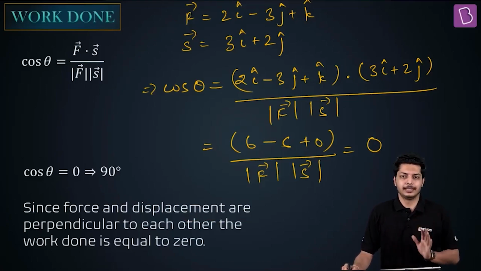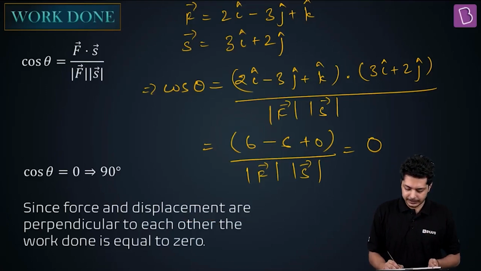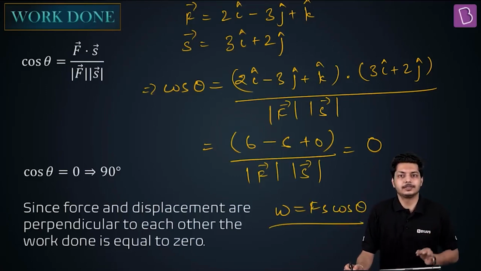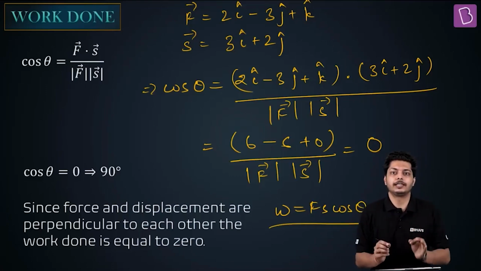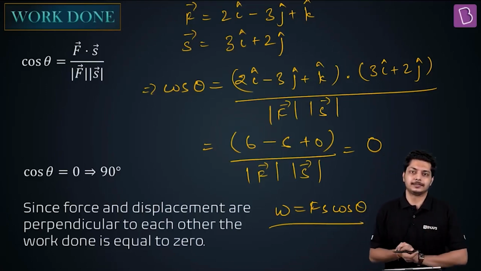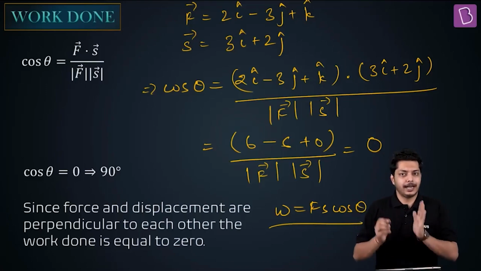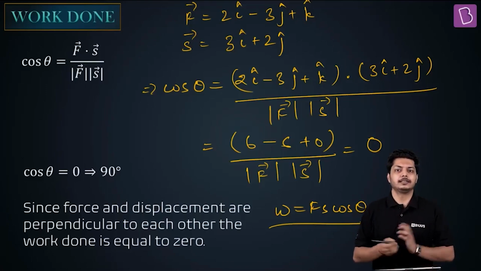Now imagine, if they are perpendicular to each other, then work done is equal to Fs cos theta, right? And since cos theta is 0, work done will be 0, right? So we have got two things. Force and displacement are perpendicular to each other, and because of that, the work done is 0.